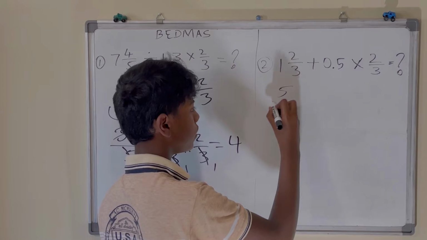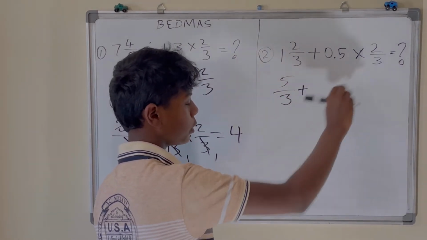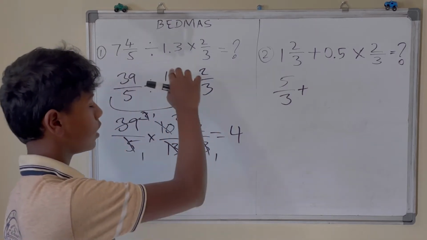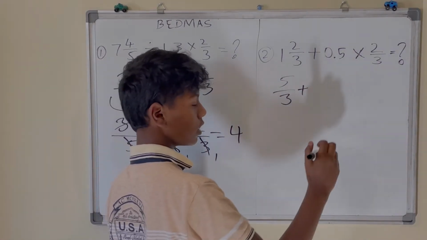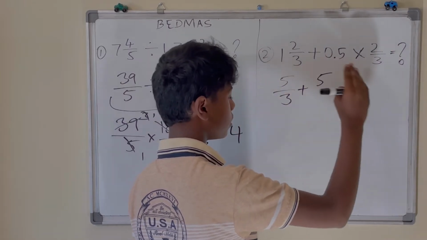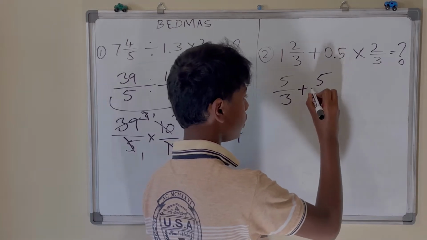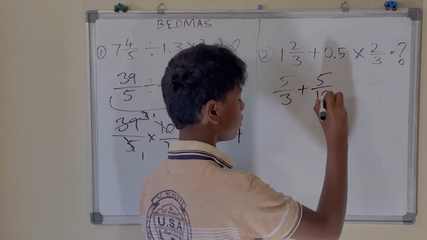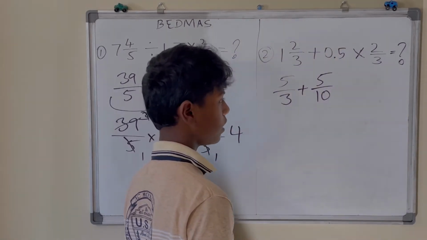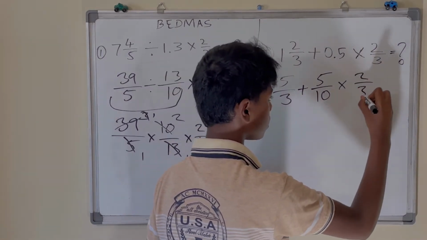So 5 over 3 plus 0.5, one number after our decimal, again like our previous question. So that means we're going to write 5, one number after the decimal, 1 0 after our 1 for our denominator. So it's 5 over 10, and 5 multiplied by 2/3.